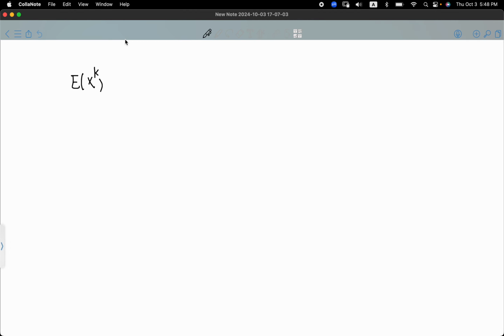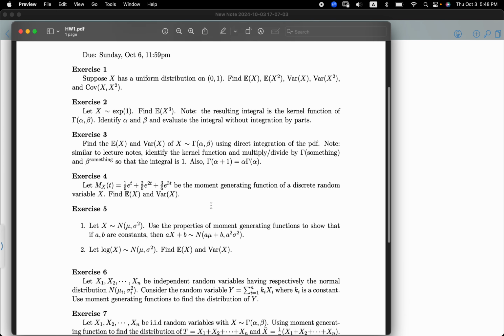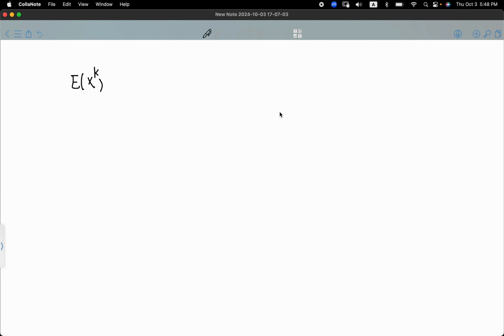In the homework, for exercise 3, you are asking for E of x and the variance of x. So what you need to do is just calculate E of x, the expected value for x, and the expected value for x squared.